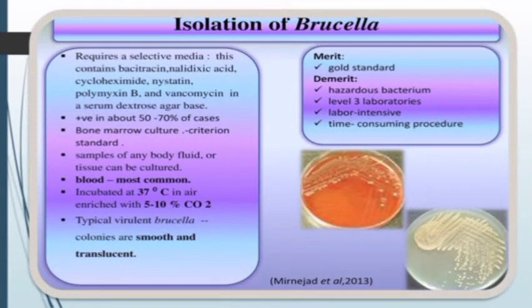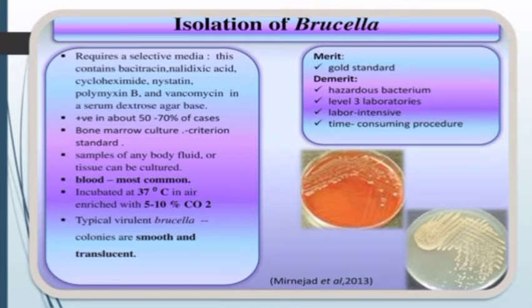Isolation of Brucella requires a selective media. This contains bacitracin, nalidixic acid, cycloheximide, nystatin, polymyxin B, and vancomycin in a serum dextrose agar base. Positive in about 50 to 70% of cases.